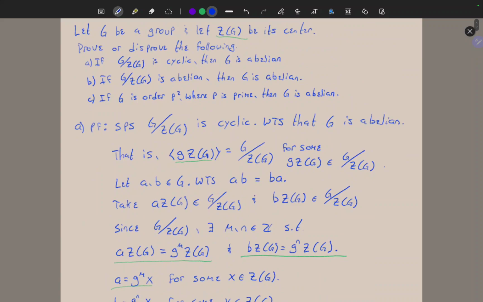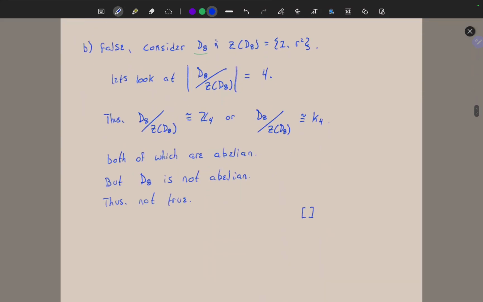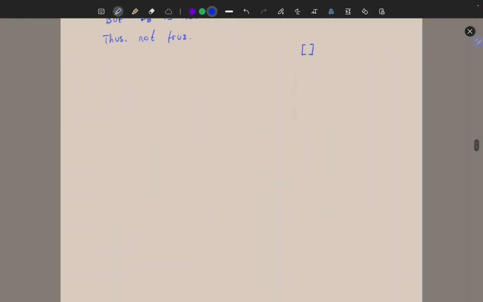And now part C says that if G is of order P squared, where P is prime, then G is abelian. Now again, here you need to determine, is this true? Then provide a proof, or if this is false, then give a counterexample. This is actually true. So for C, this is true. And before we prove this, we're going to state a theorem that's going to help us prove this statement.